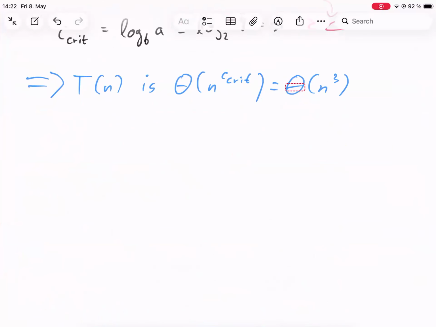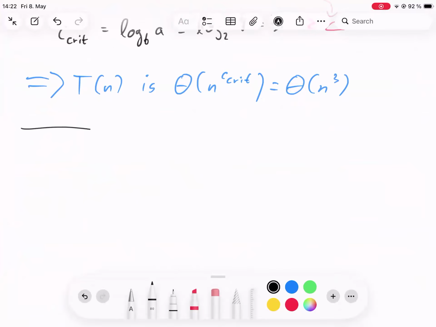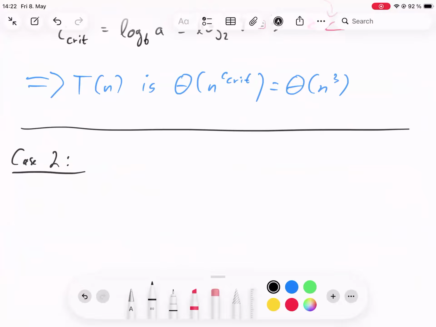So for case two, we can look into an example. This time, T of n is 2 times T of n half plus n. Anyone remembers this recurrence relation from the course? If you do, thumbs up or thumbs down.